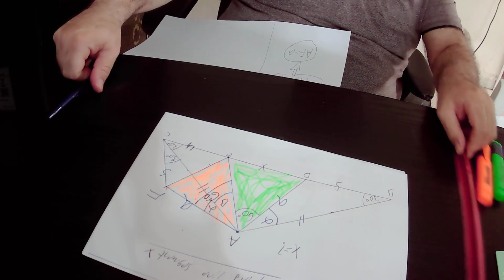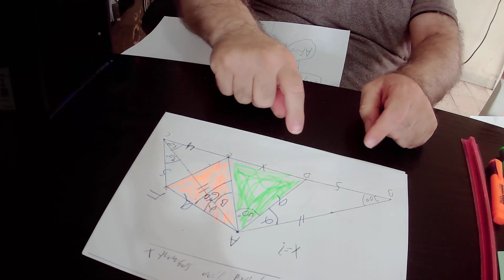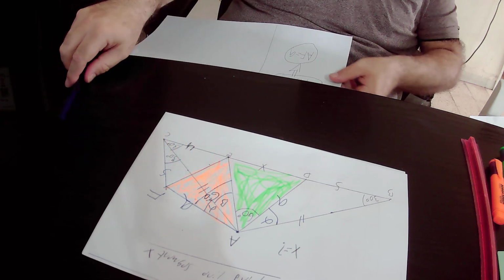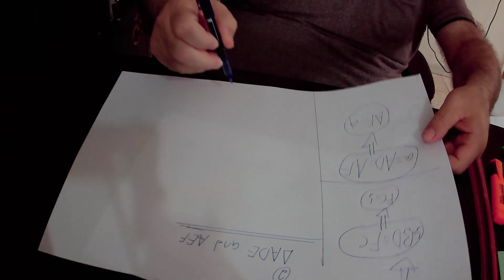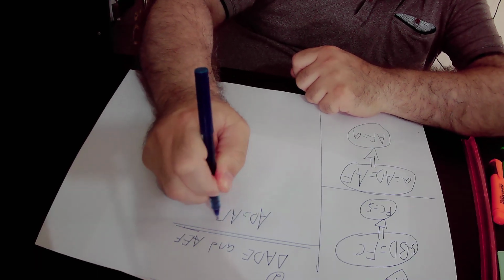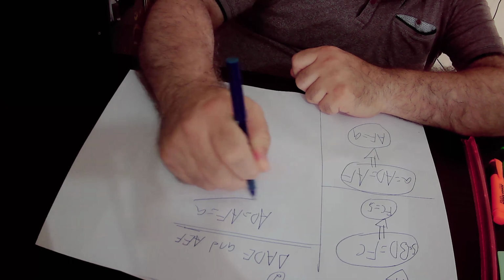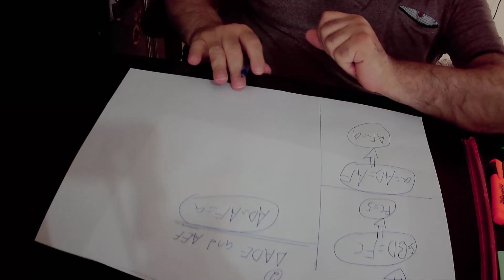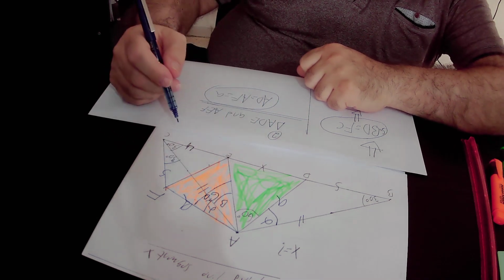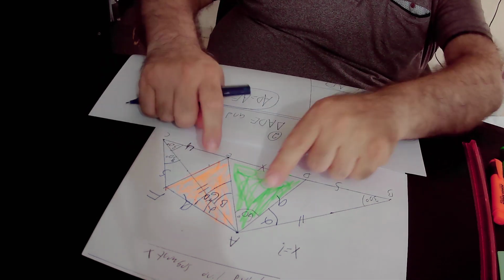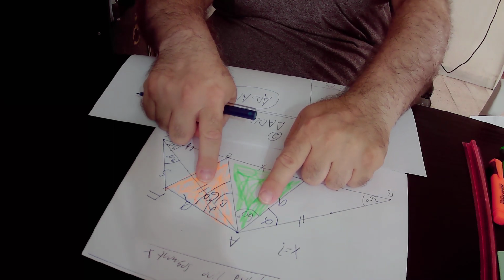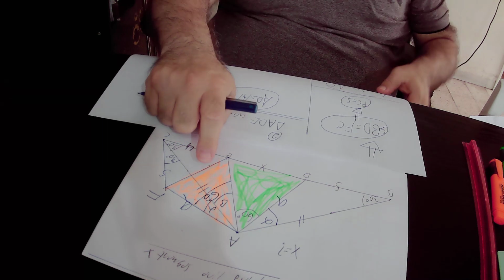So first of all, we just right now proved that side AD equals side AF, and that is equal to A. AD equals AF equals A. In addition, those two angles are both equal to 60 degrees, therefore they are equal to each other.